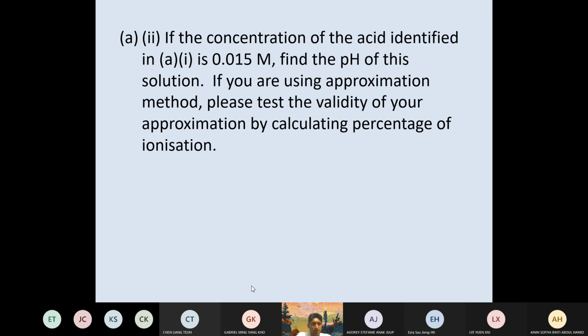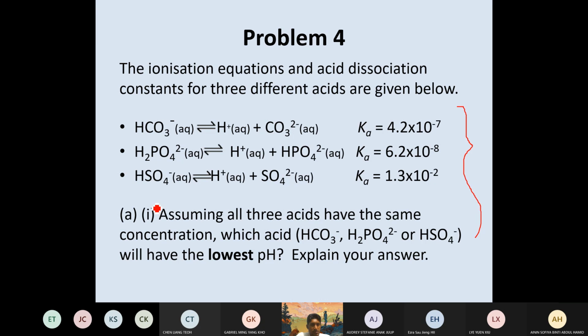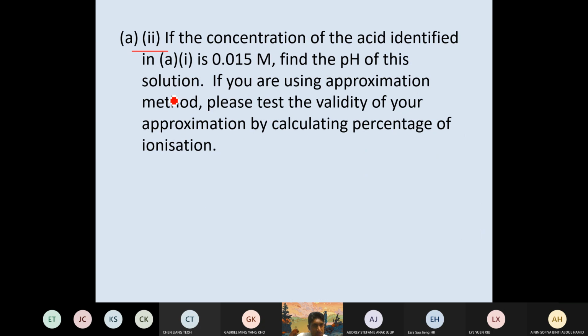The other question says that if the concentration of the acid identified in A1 is 0.015 molar, find the pH of this solution. If you are using the approximation method, please test the validity. So in question A12, from among these three acids, one acid has 0.015 molar, and we have to find the pH using the ICE table.